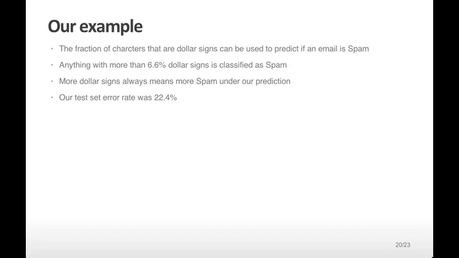In other words, as the number of dollar signs increases as a fraction of the total characters, we will be more and more likely to call it spam. We should also report measures of uncertainty that say things like our test set error rate was 22.4%, and we calculated this error rate on an independent data set from the data set used to build the predictive model. All of these are interpretations that explain the quantitative tools that you used.